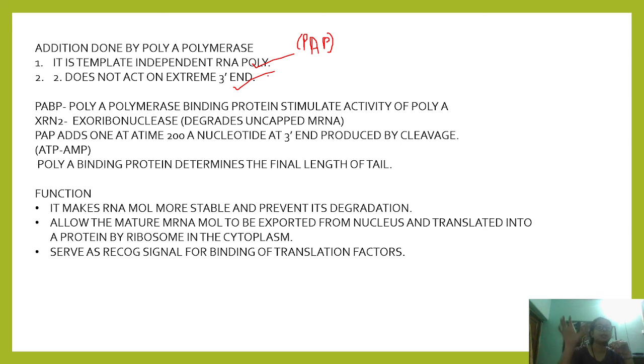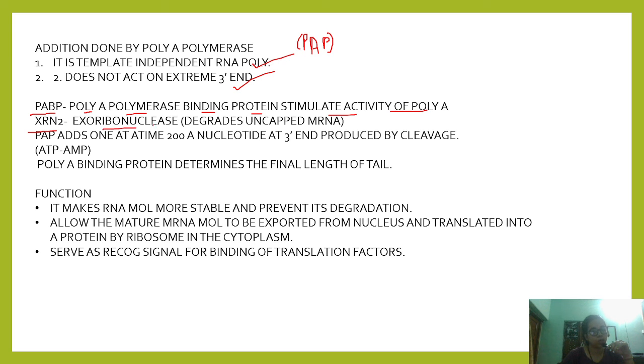So remember that polyadenylation will take place at the 3' end, but not on the extreme end. Apart from that, there are other proteins also present like PAB, which is known as poly A binding protein, that stimulates the activity of poly A polymerase. That is, it will help with extra effort. Okay.